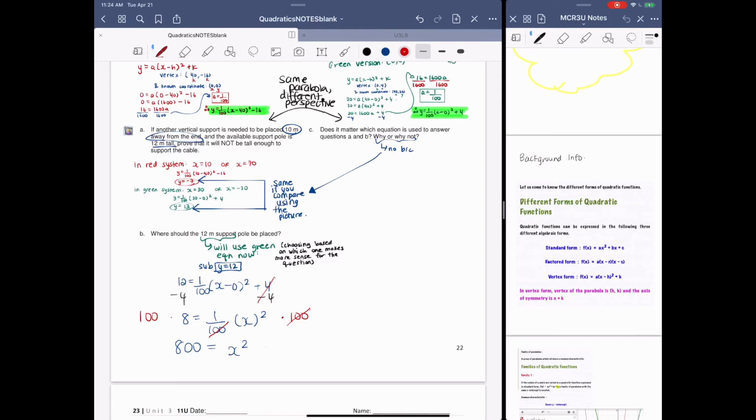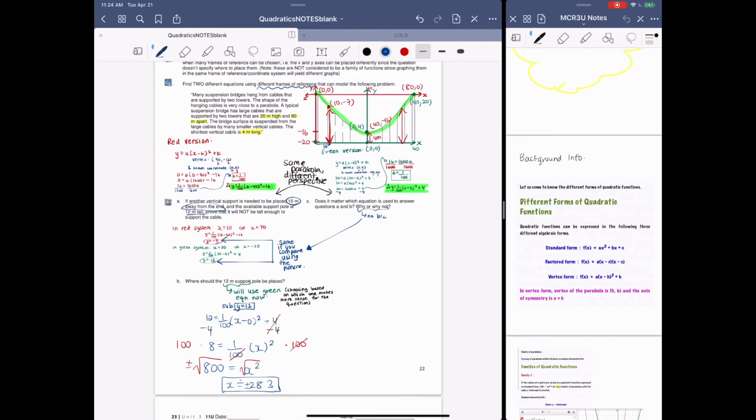Final step, I'm going to take the square root of both sides, and I'll get x is equal to approximately 28.3, plus or minus.